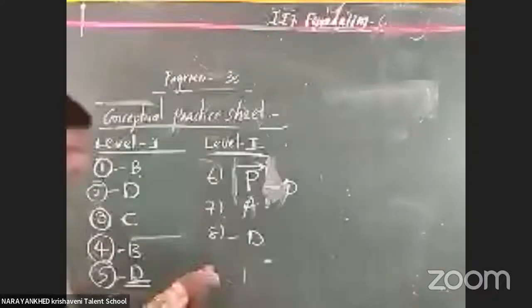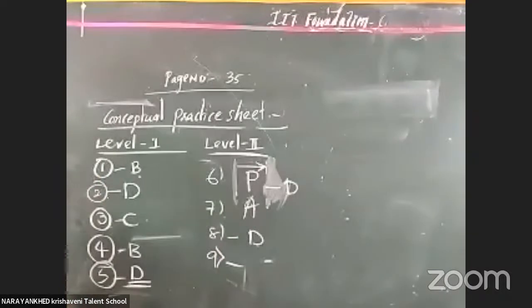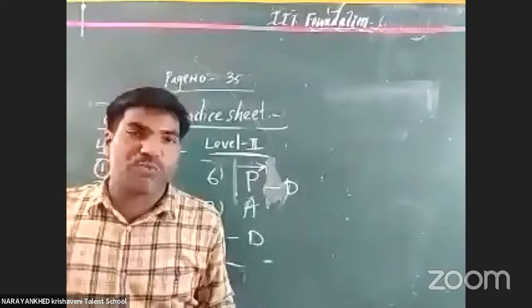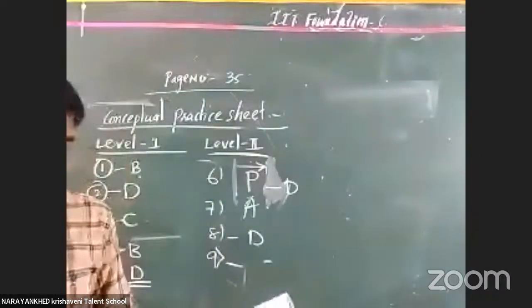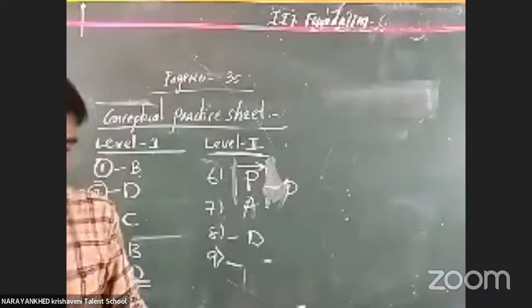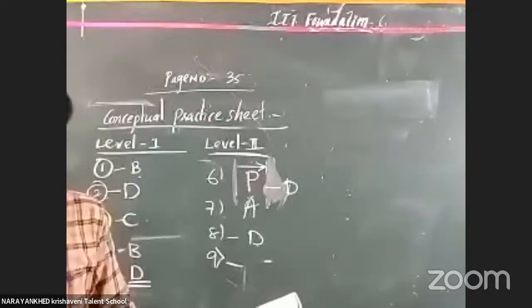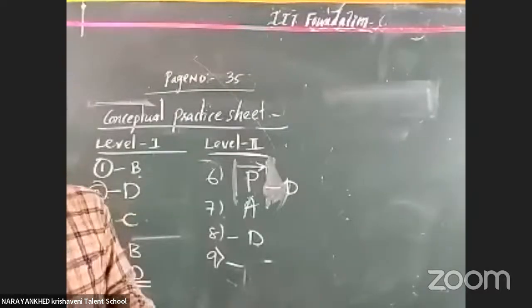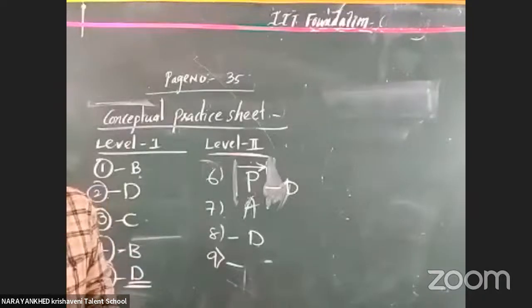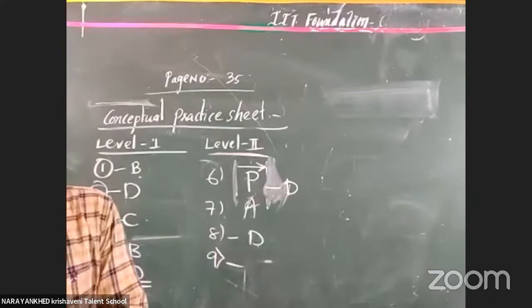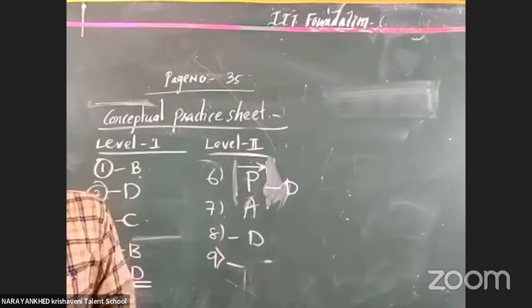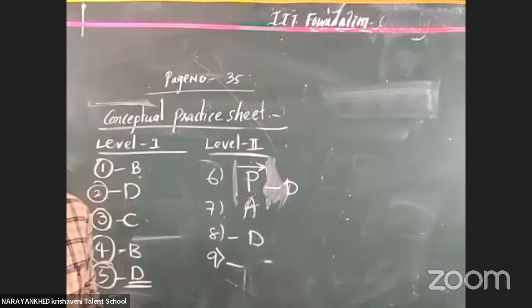Ninth question. Which of the following is not true? Velocity can be negative. Velocity is a vector. Speed is a scalar. Speed can be negative. We have already discussed that a scalar may be positive or may be negative.